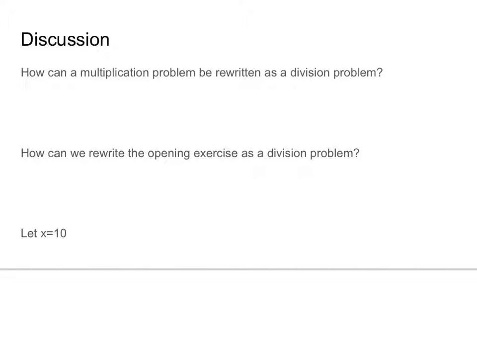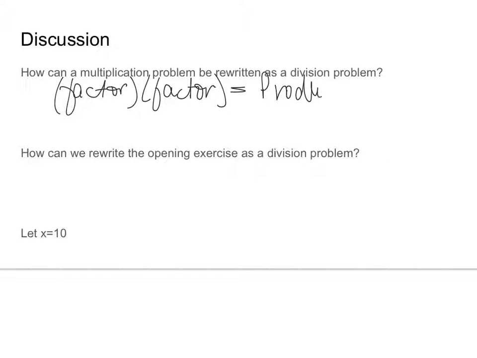So if we look, multiplication is sort of like factor times factor equals product. That's our multiplication problem. If we wanted to make that into a division problem, we would divide by one factor, and we'd be given the other factor, etc.